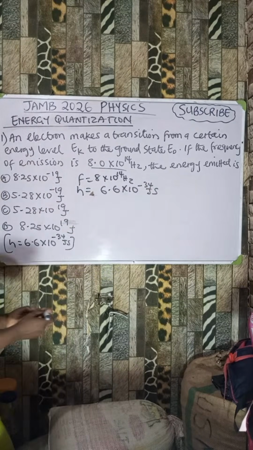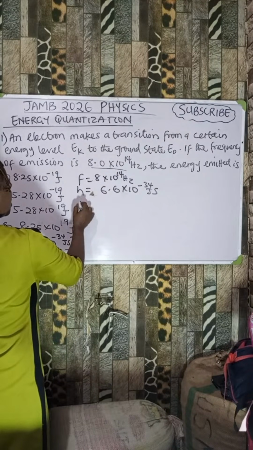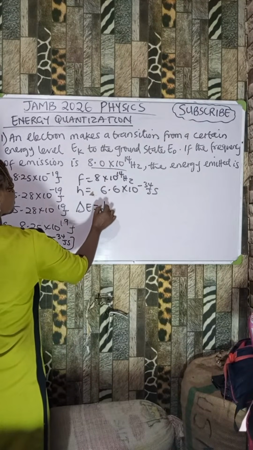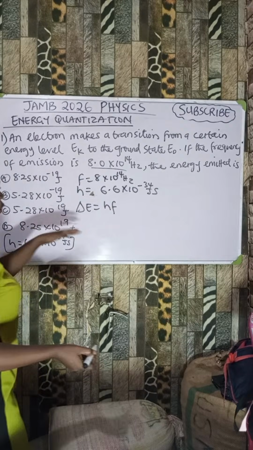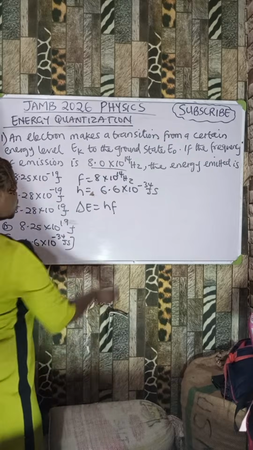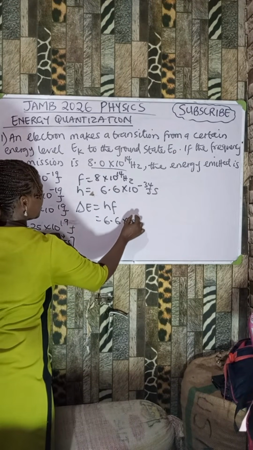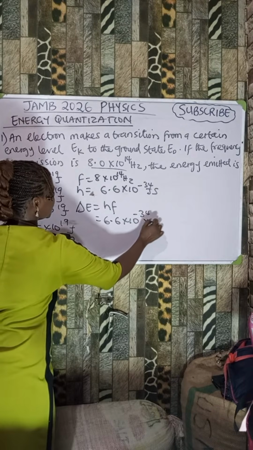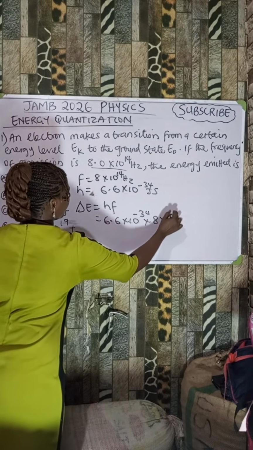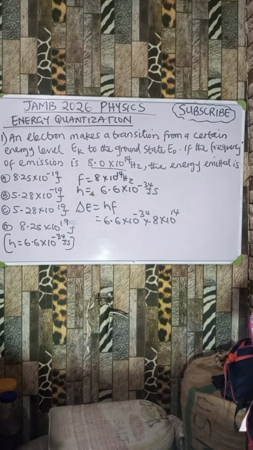Now we're looking at the energy of the emitted photon, which is equal to HF. So just multiply these two values. This is 6.6 times 10 power minus 34, then times 8 times 10 power 14. Are we clear? Now we can solve it out and get our answer.